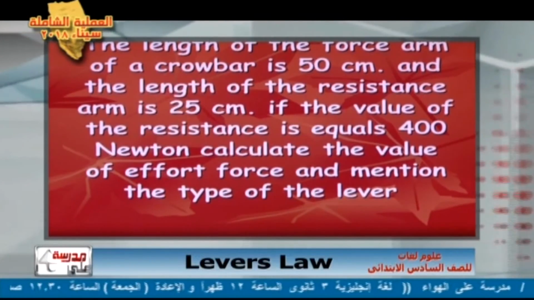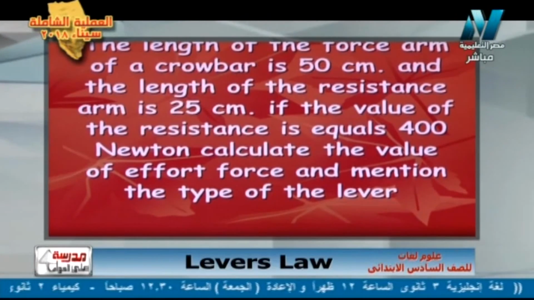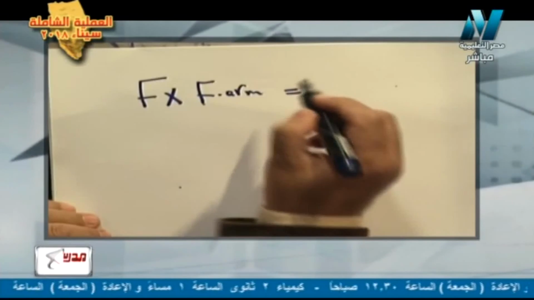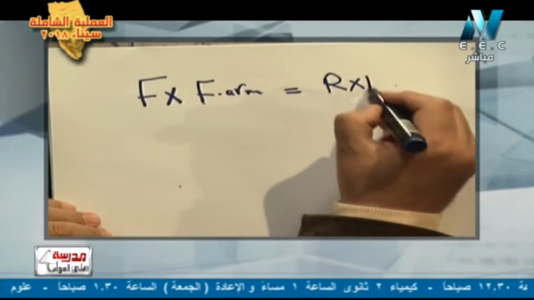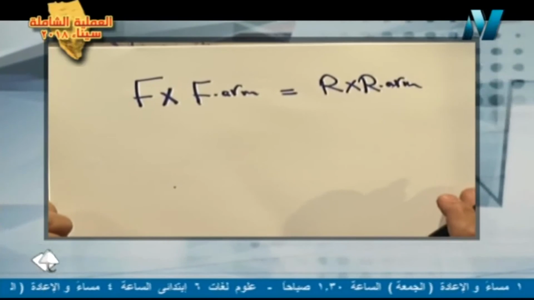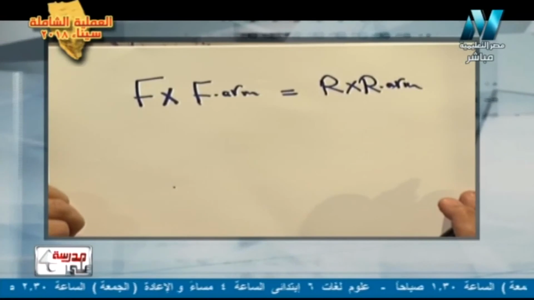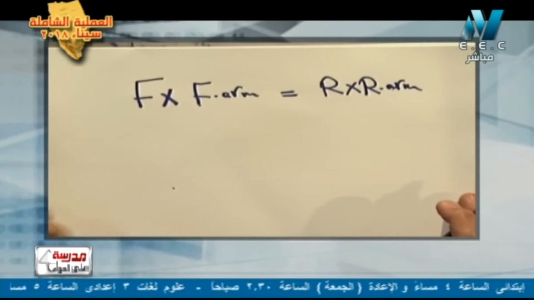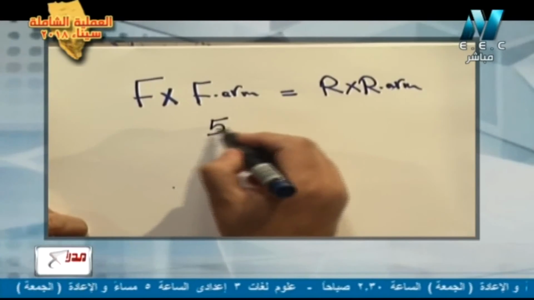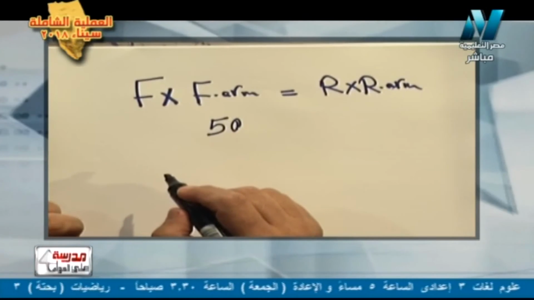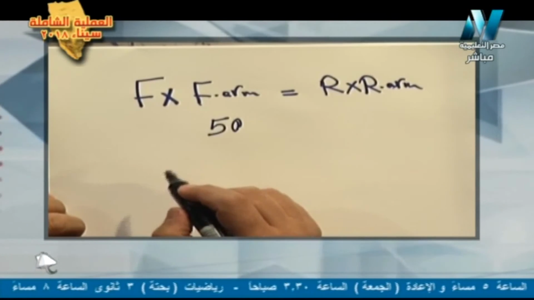Okay? First step, I write the lever's law: effort force by effort force arm equal resistance by resistance arm, and I must return back to the problem. The length of the force arm of a crowbar is 50 centimeter. We go back to the problem again to get the values from it. The force arm is 50 centimeter and the length of the resistance arm is 25 centimeter.